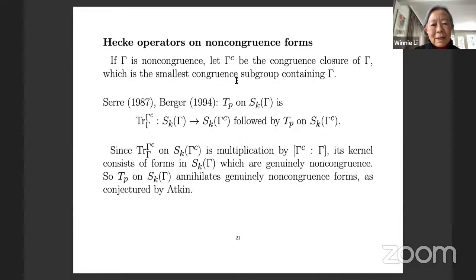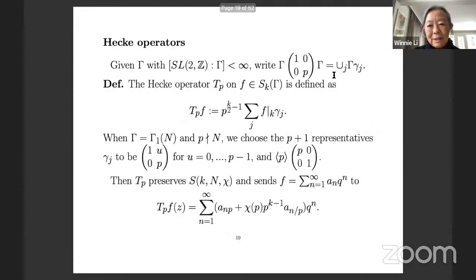This was first studied by Scholl for the group where gamma is a normal subgroup of SL2(Z), and then completed by Berger for all the non-congruence subgroups. So let's look at these coset representatives gamma j for the T_p defined using the double coset definition here.